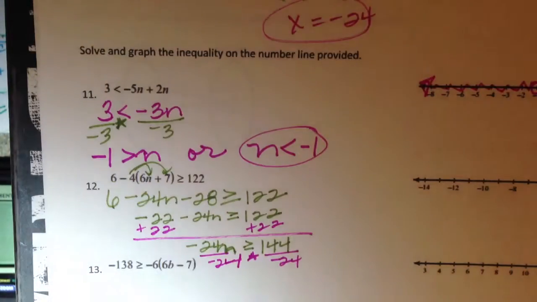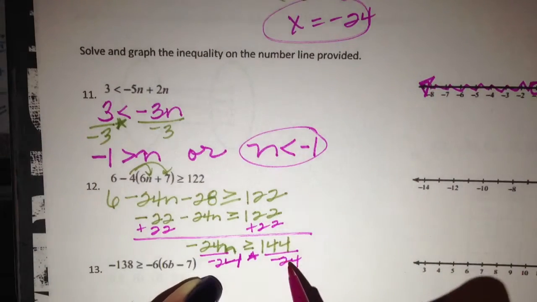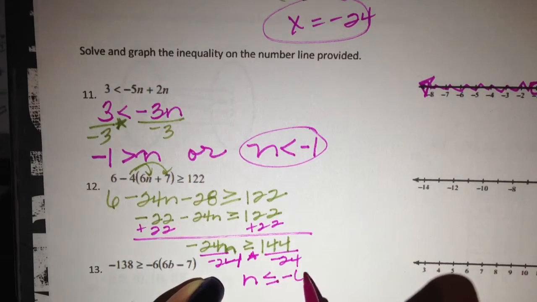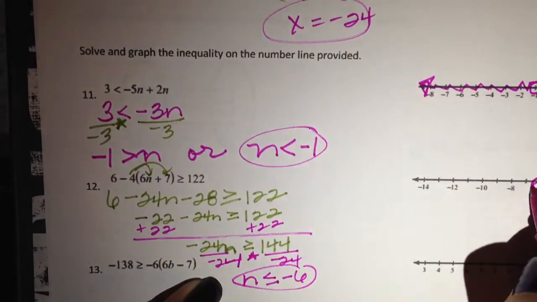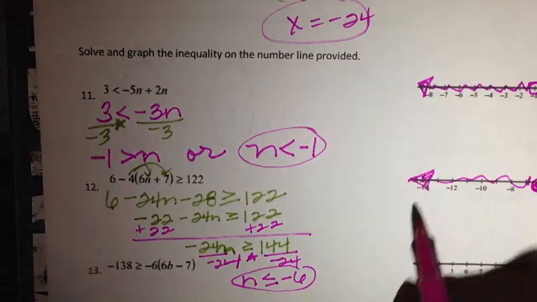So that is going to result in me having to switch my sign, and 144 divided by -24 is going to result in n is less than or equal to -6. -6, closed circle, everything to the left should be shaded.